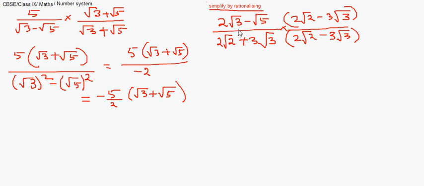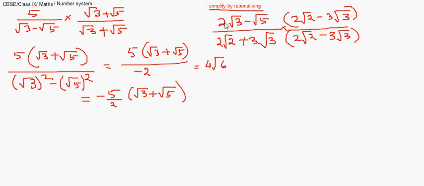So in the numerator, 2 root 3 multiplied by 2 root 2 gives us 4 root 6.